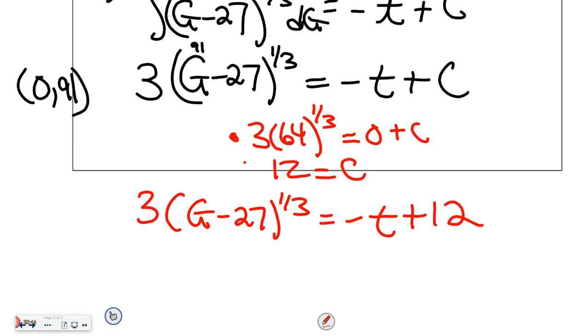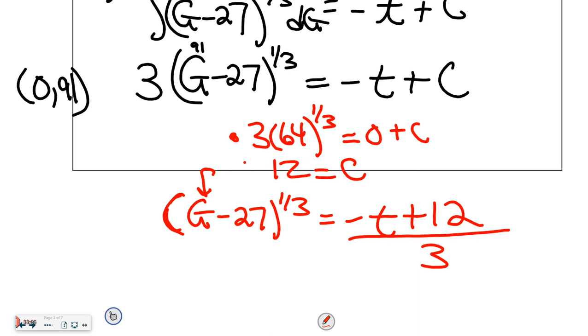Who haven't I picked on today? Ava. I just need to solve this for g. What am I going to do first? Divide by 3. Yep, let's do that. Divide by 3. Then what, Ava? And cube root it. Almost.